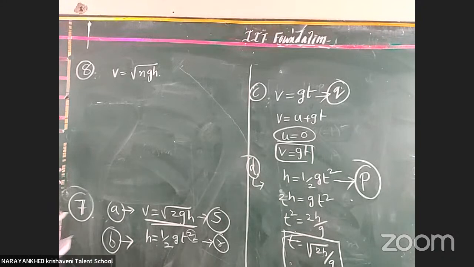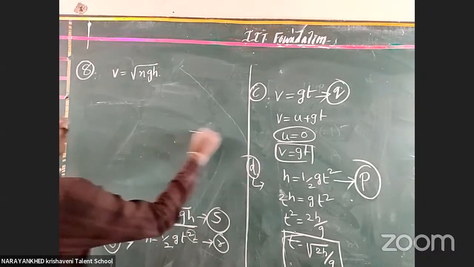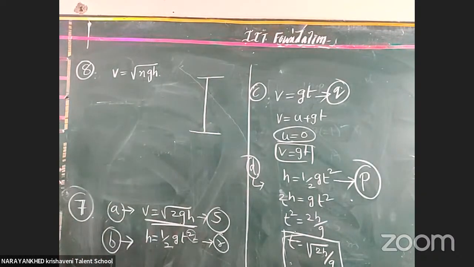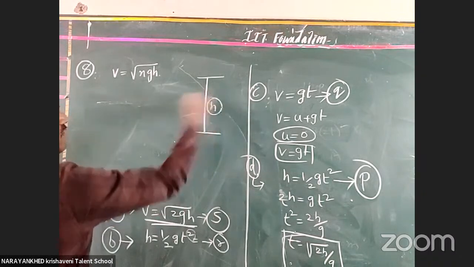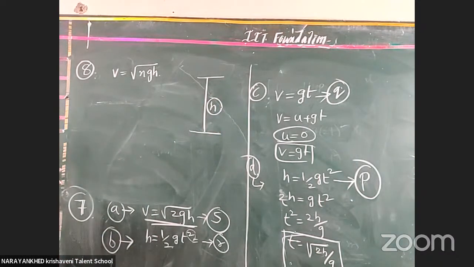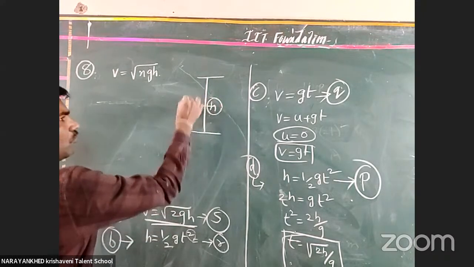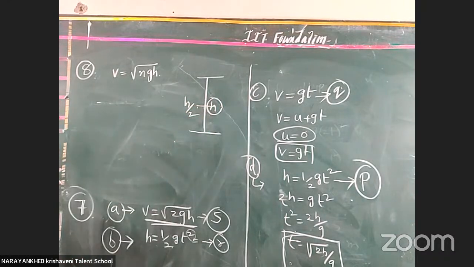The distance is taken at the midpoint here. From here to here, the total height is taken as H. Understood, all the students? Now the height becomes H by 2.